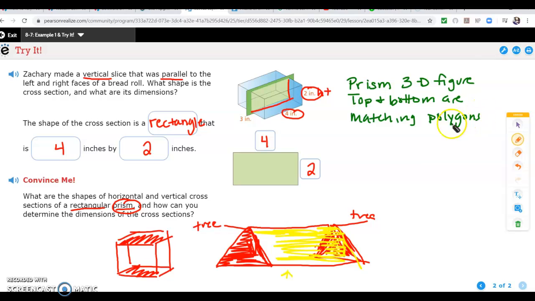Remember, a polygon is any shape that has straight edges. And remember again, when I say top and bottom, keep in mind sometimes the top and bottom are actually the left side and the right side. And then all the faces are rectangles.